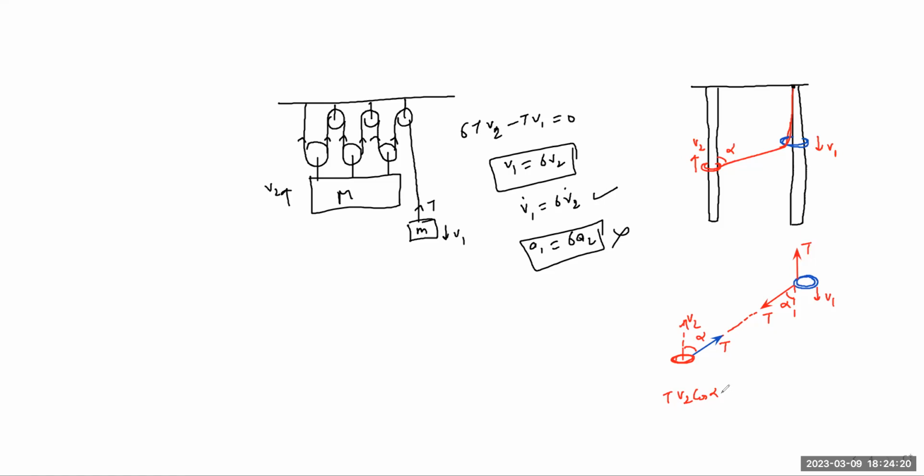And what about the other? Sir, T v1 cos alpha minus... It is like T cos alpha minus T into v1, right? Yes, into dt. Is this correct here? So what are we getting as the answer? v2 cos alpha equals v1 (1 minus cos alpha), right? Yes.